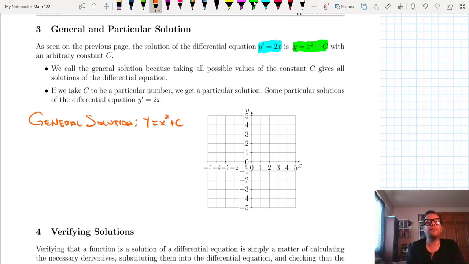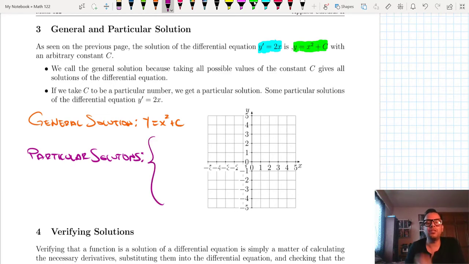Now, suppose we don't have that c there. The function that we have is essentially a parabola. So let's write down a few particular solutions. That is a function in which c is no longer there, but actually a number.